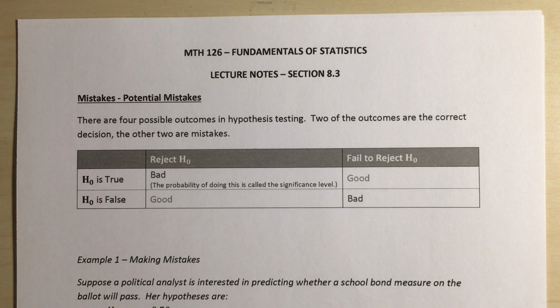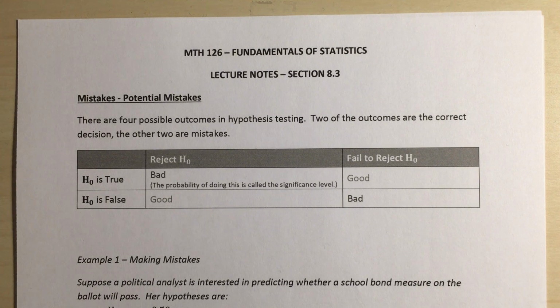Right? So good decisions are that we fail to reject the null hypothesis when it is true. If we think about a jury verdict, we also have a good decision if we reject our null hypothesis when it is false, that would be finding somebody guilty that is guilty, or finding somebody not guilty that is indeed not guilty.